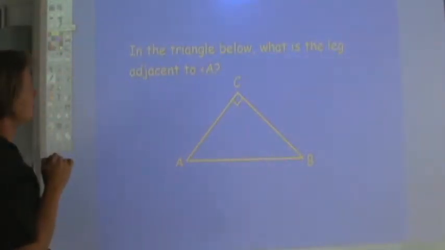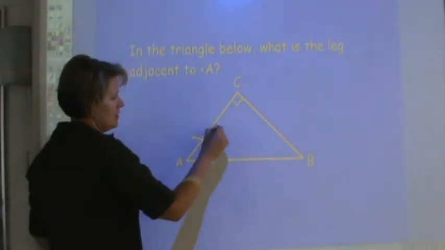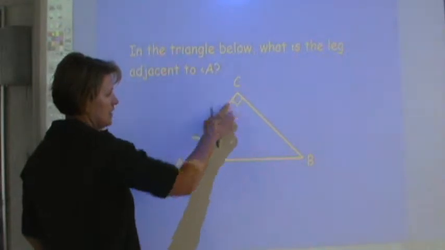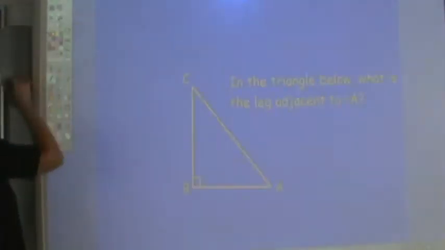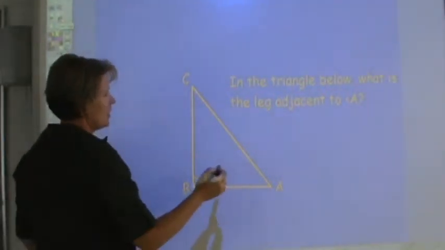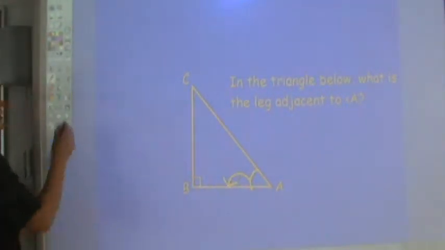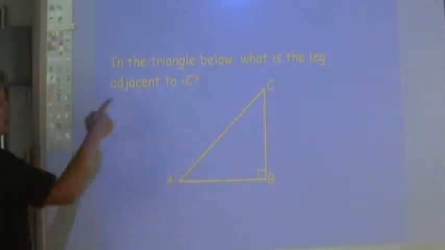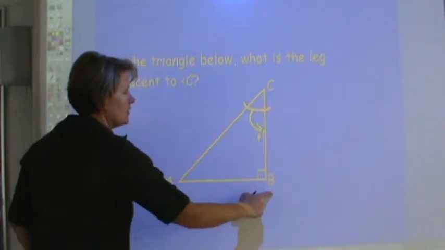So in the triangle below, what's the leg adjacent to angle A? So next to angle A, it's going to be that one, AC. It's not this one because that's your hypotenuse. Adjacent to angle A, that's going to be this one right here, AB. Adjacent to angle C, that one's right here, so that's going to be BC.